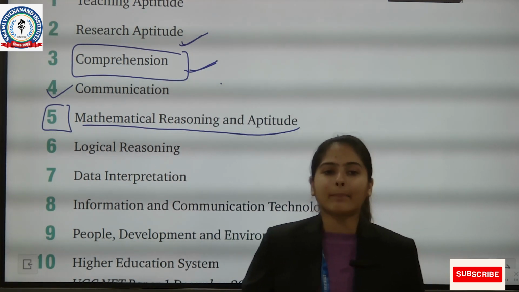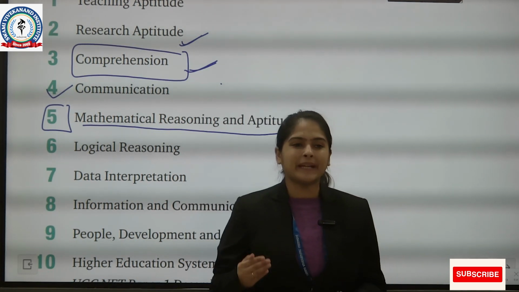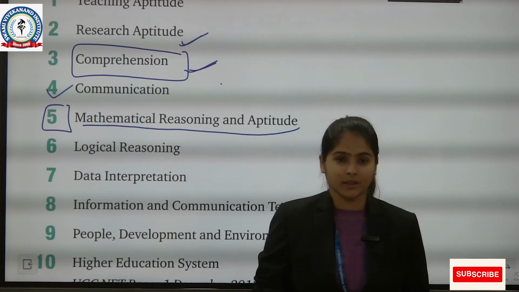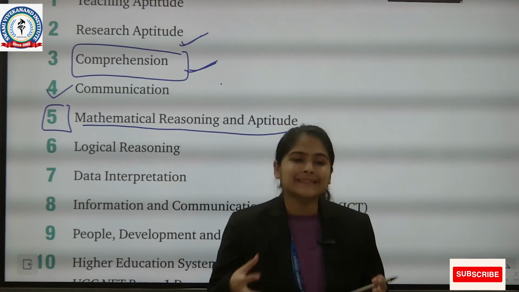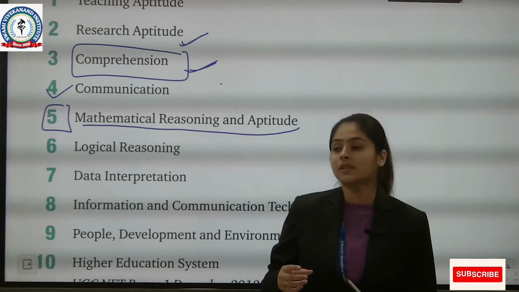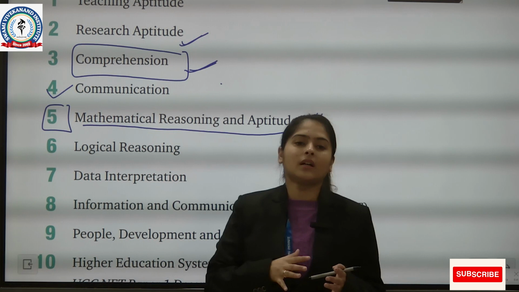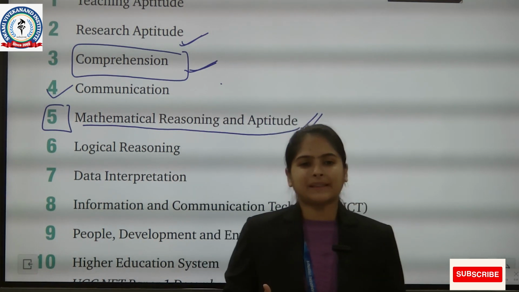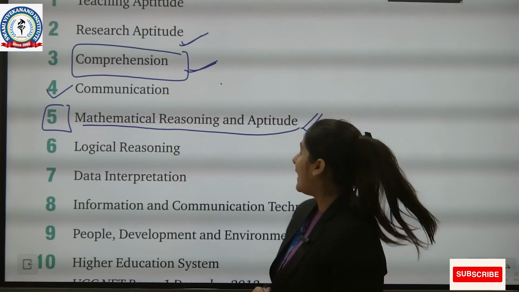For example, they ask profit and loss, word problems, or average speed questions which we have done till our 8th or 10th standard. The percentage questions, SP, CP, all the basic mathematical questions are covered in this. And if you practice just 1 hour of mathematics every day for 10 days, then this unit is very easy.